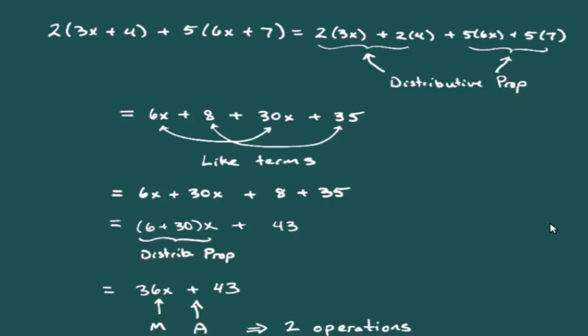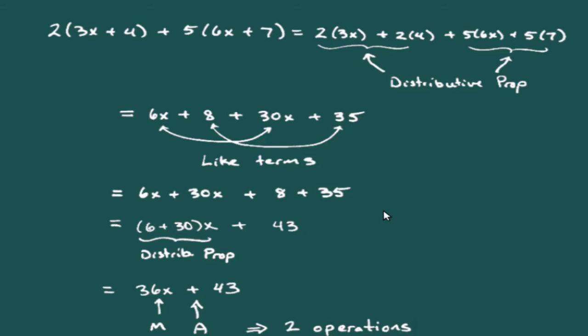And so I hope that this has been a little bit of an introduction to really what we mean when we're saying that we are simplifying expressions. We're really reducing the number of operations that we have using our properties of the real numbers: our commutative properties, our associative properties, our distributive properties, our inverse properties, our identity properties.